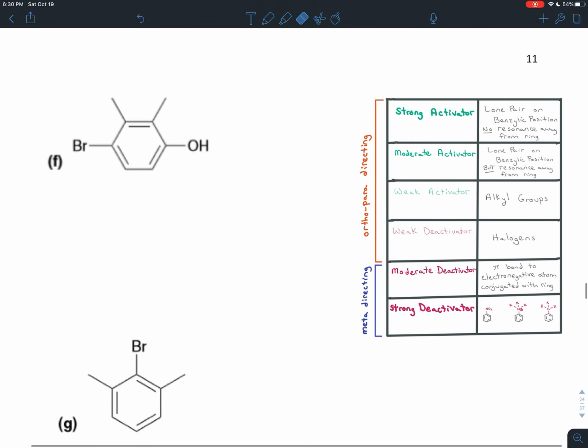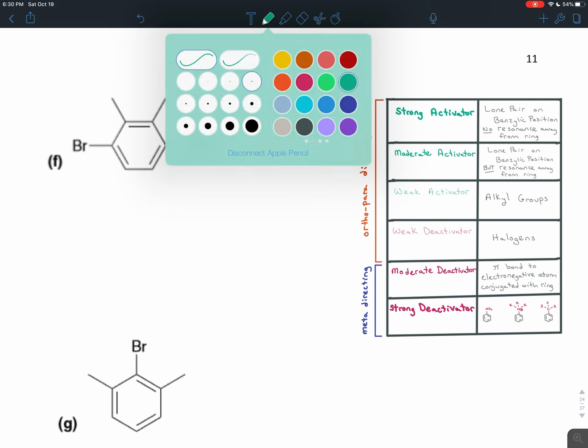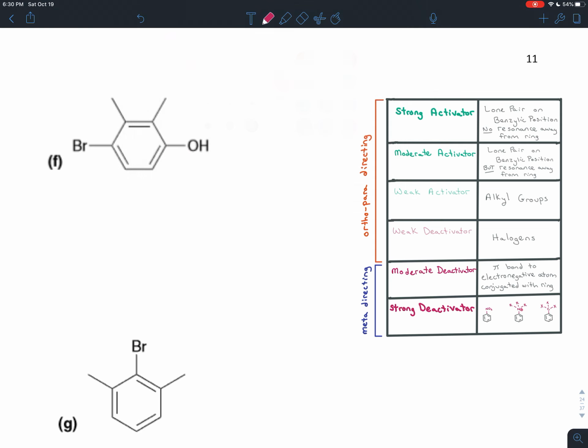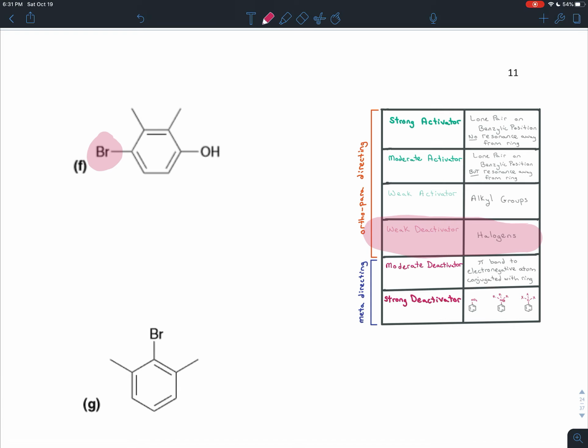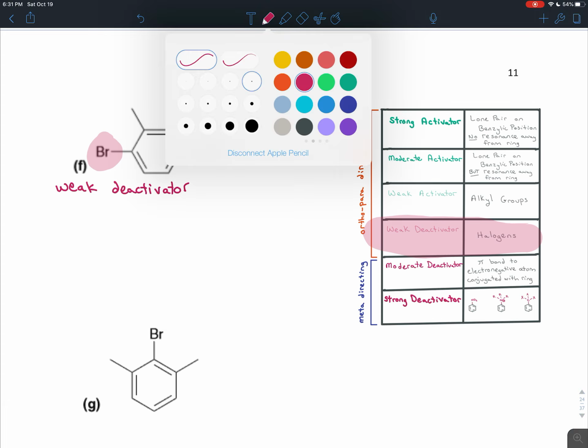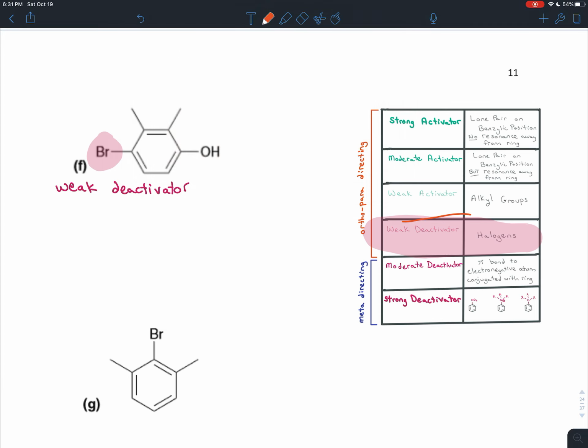Okay, let's go through the same process here with F. So we have this halogen at the left, and halogens are weak deactivators. Though, the halogens are ortho-para-directing. They're the deactivators that are ortho-para-directing.